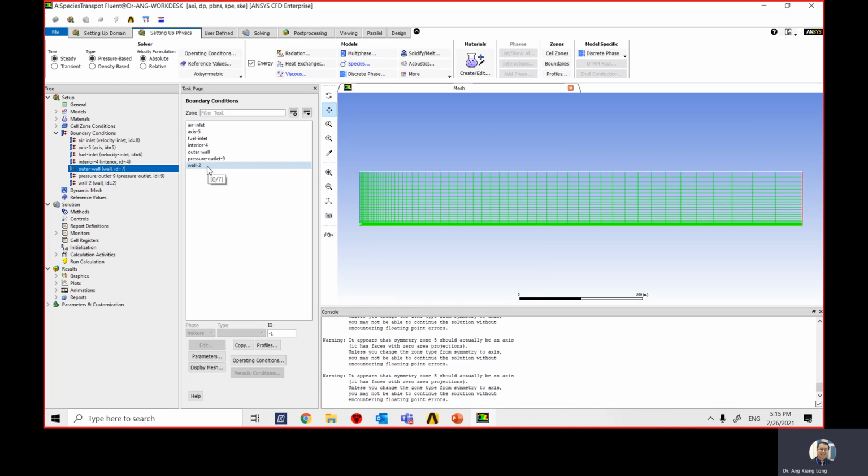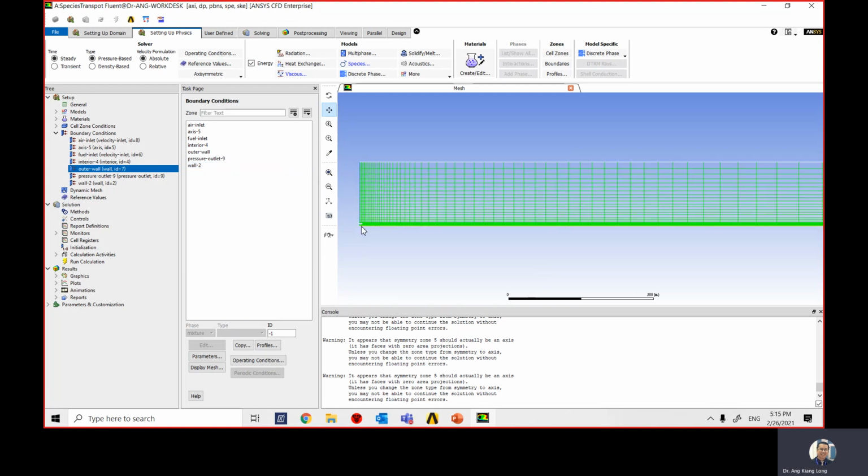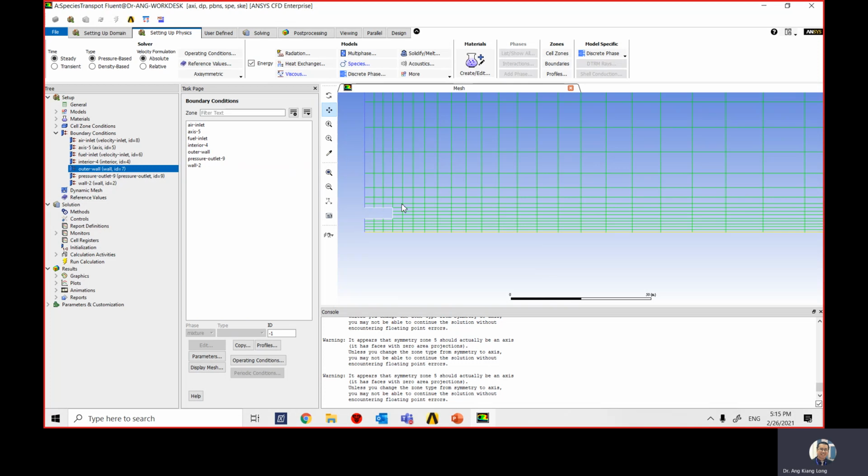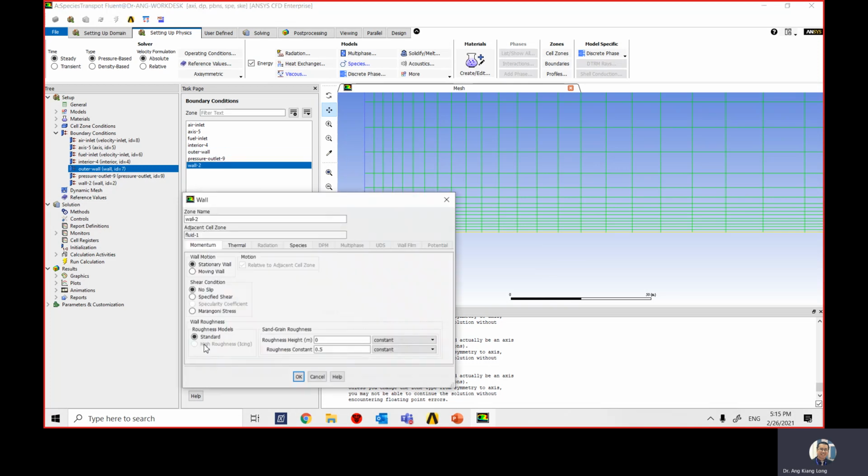And then we have wall number 2, which is our fuel inlet nozzle. It is here, right? Fuel inlet nozzle over here. So go to wall 2, edit.